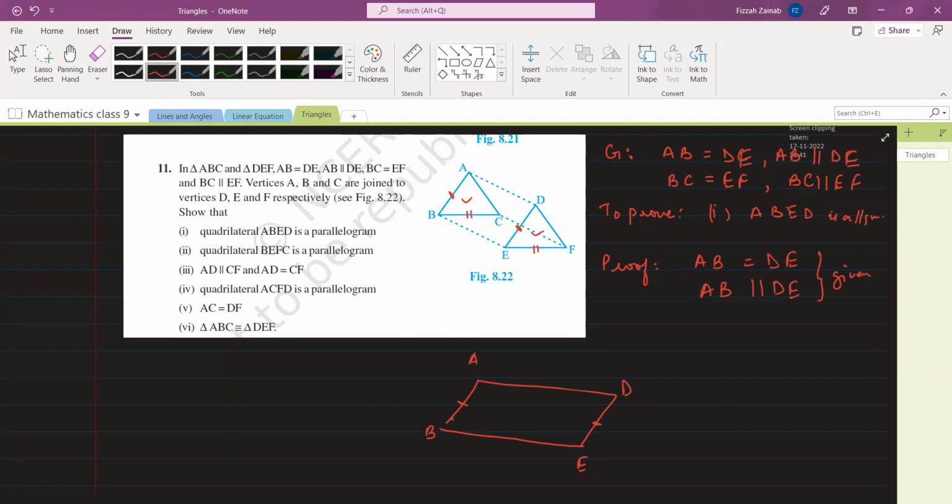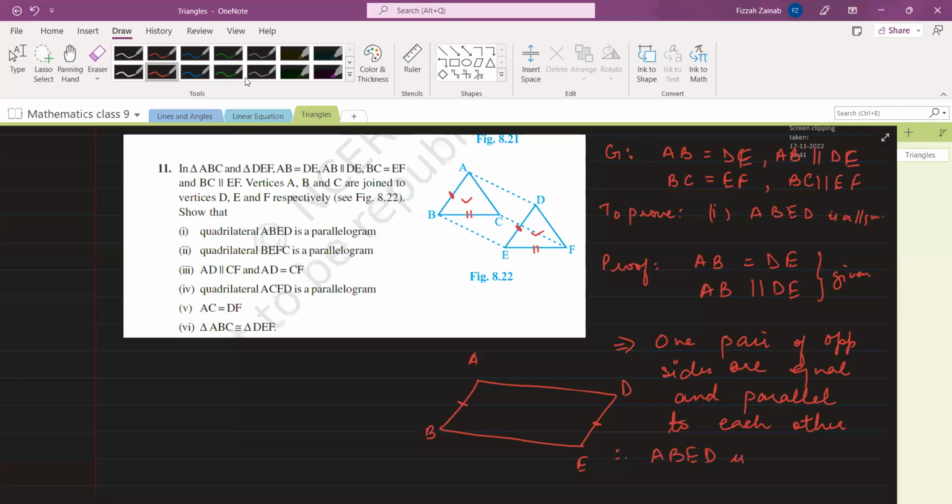So this side is equal and this side is parallel. So we can use the theorem. So this implies that one pair of opposite sides are equal and parallel to each other. And therefore we can say that ABED is a parallelogram.